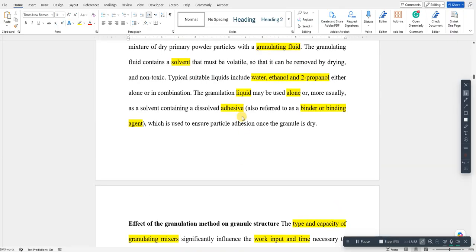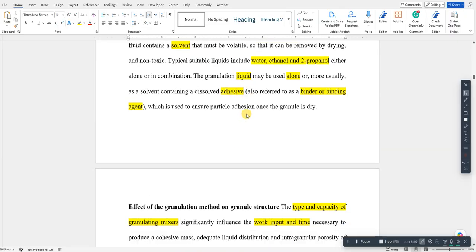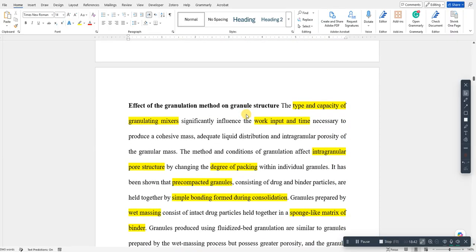So it can be a solution of adhesive or binder, or it can be just a liquid, and then the ingredients in the formulation will cause the binding, or will act as a binder. Okay, especially those that dissolve in the liquid that we are adding.